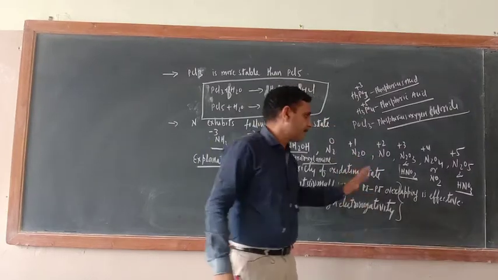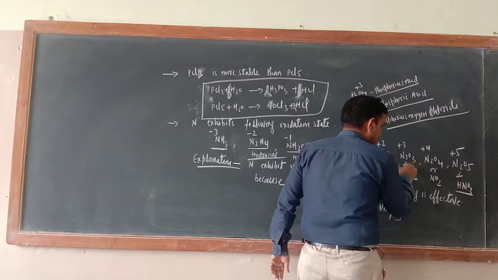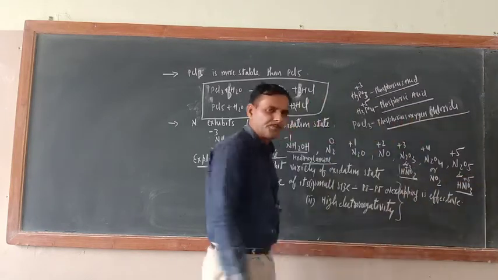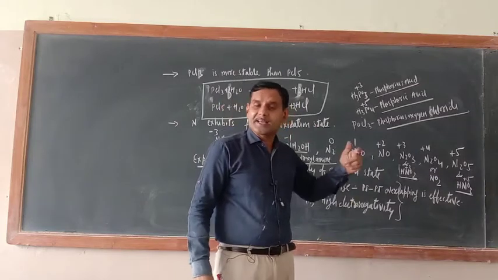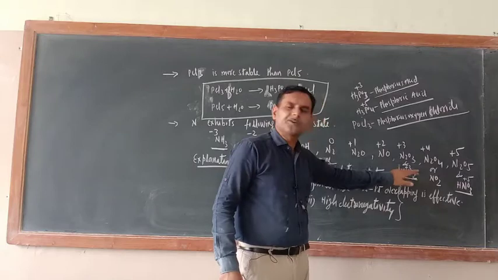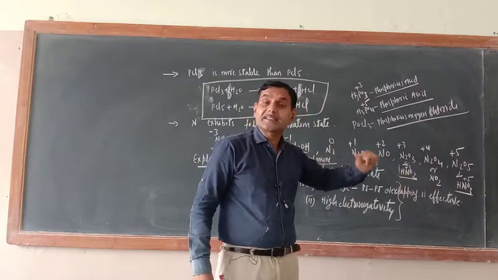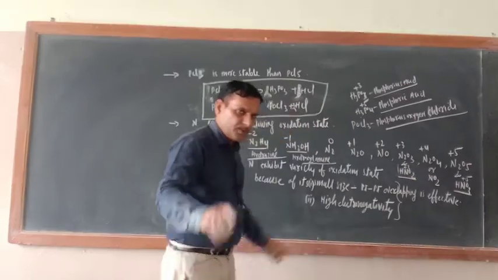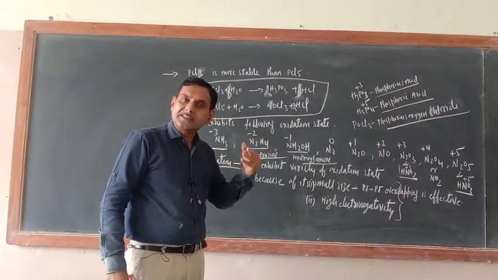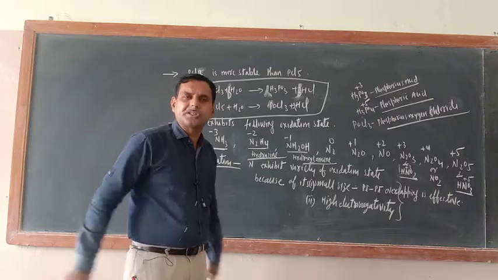So just see, here the nitrogen oxidation state is +3, here the nitrogen oxidation state is +5. So HNO3 is nitric acid, and HNO2 is nitrous acid, okay.